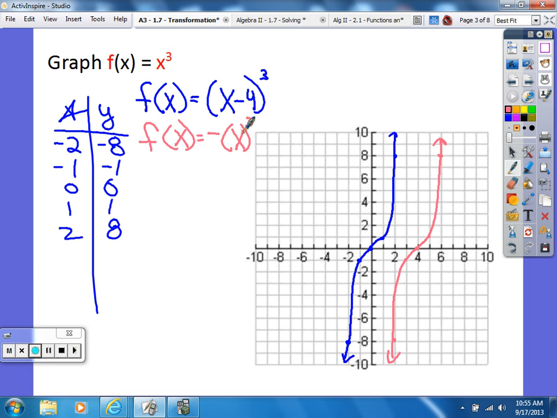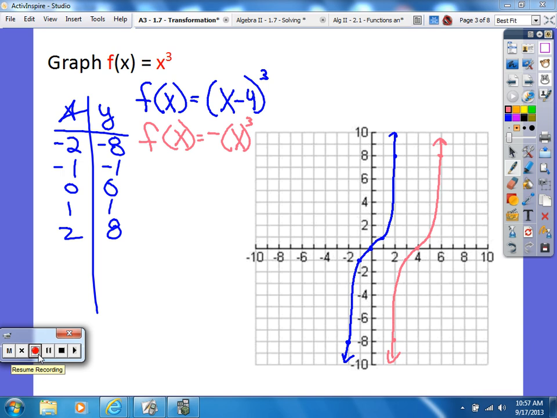So I've got a negative in front of the whole thing. You have to think, what does a negative in front do to the whole thing? And go ahead and try to graph that before we tell you what it does. Again, you can use your notes, so flip back, look at your notes because you took notes on what happened.